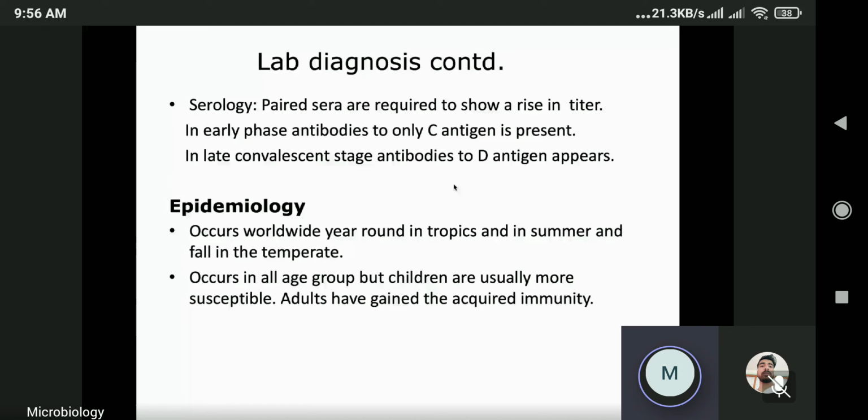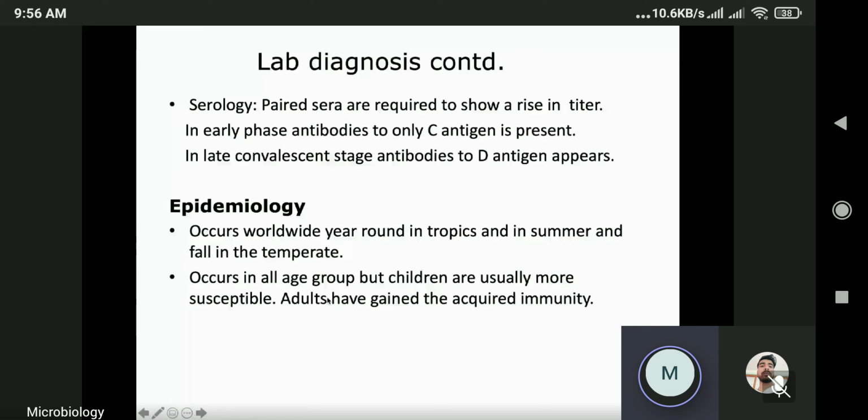So now epidemiology. It occurs worldwide, in all age groups, but children are more commonly affected or susceptible. Adults have gained acquired immunity, that's why it is less common in adults. It is spread by the fecal-oral route, as I've already mentioned. And the important point is this: they can excrete the virus for several weeks in the feces, even after the convalescent or recovery phase.